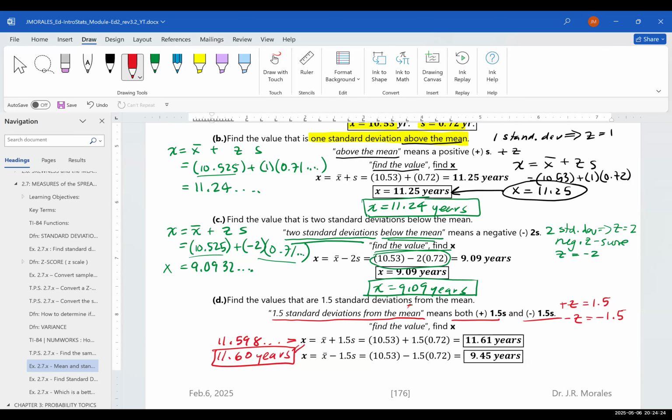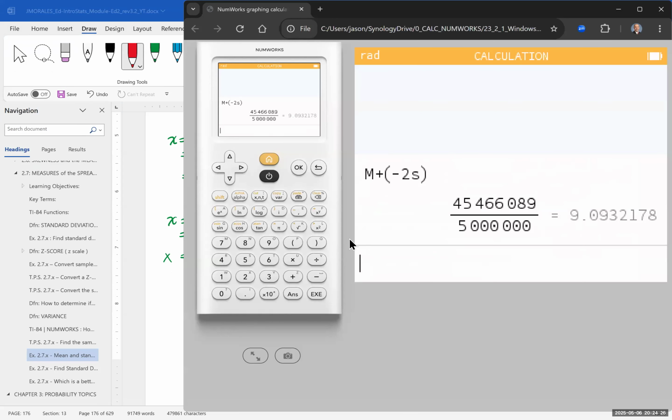And let's go here to NumWorks. So I'm going to have the mean plus a negative 1.5 times lowercase s.